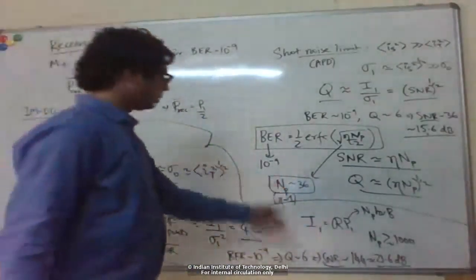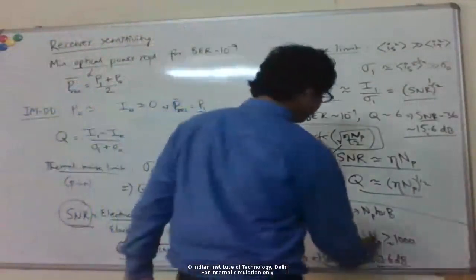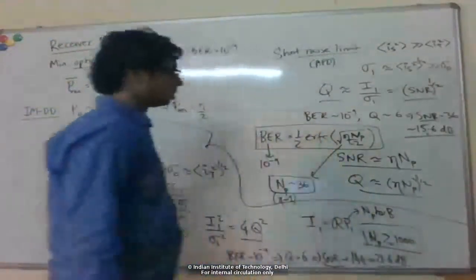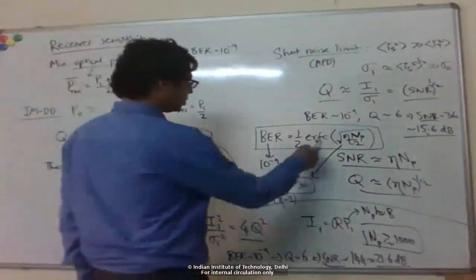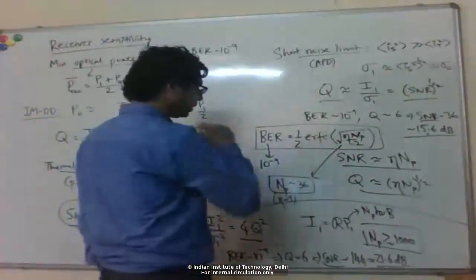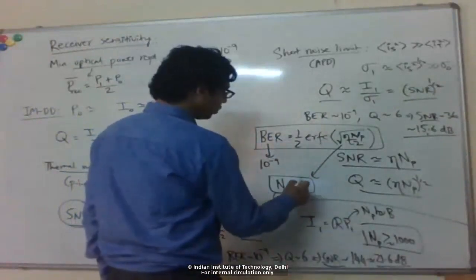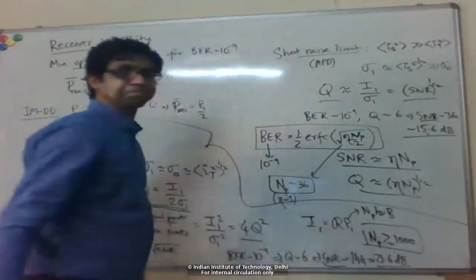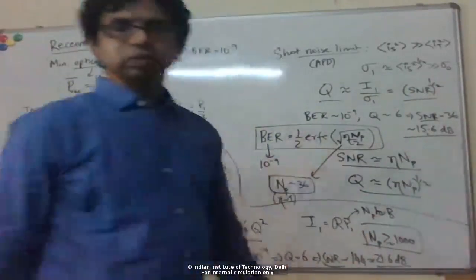So if we compare it to the PIN photodetector, the number there was like 1000 photons in my bit. Here we can see that if we are in the shot noise limit, then we can achieve the same bit error rate, but now with much fewer photons per bit. Roughly a factor of 25 or so.